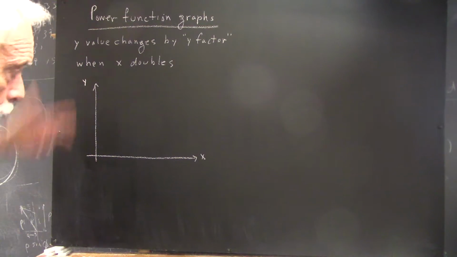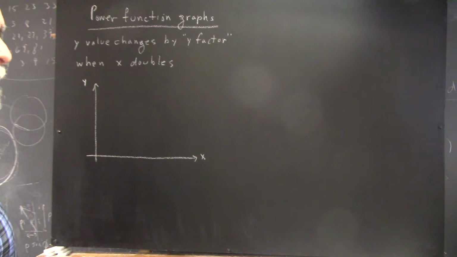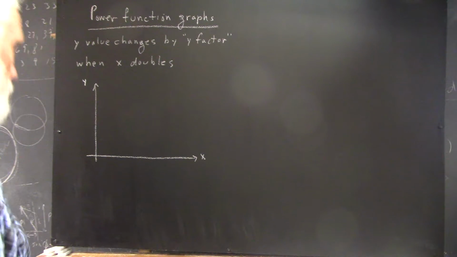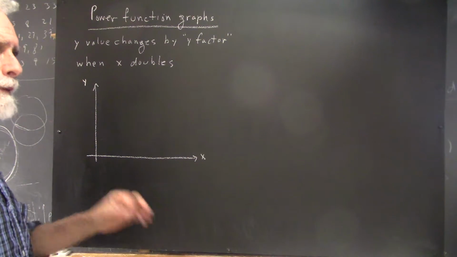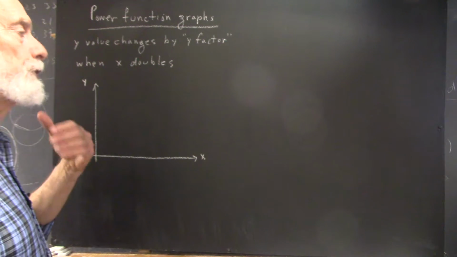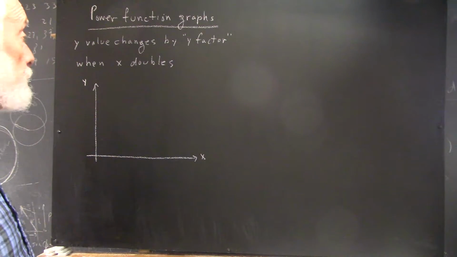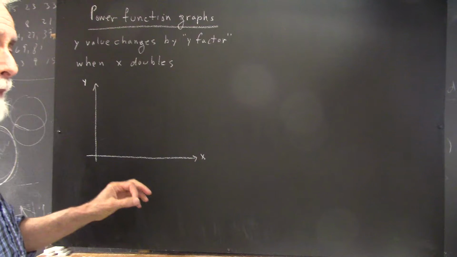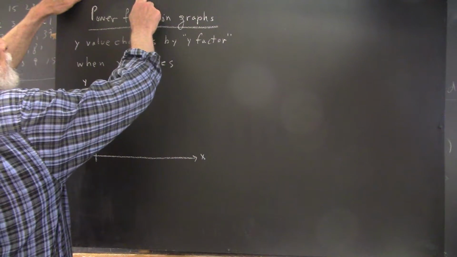Okay, now I'm going to construct what we call a power function graph. Now, it has to be proven, and we haven't proven it, but it is easy enough to prove that if we have a standard definition basic power function, I can write the form of that function.